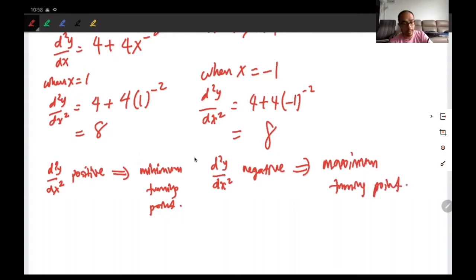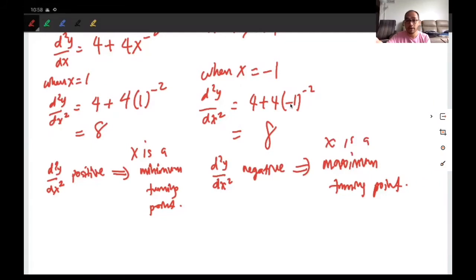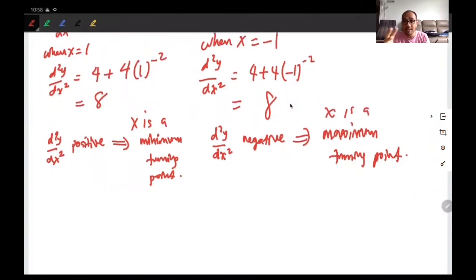And since in both of these cases d2y/dx2 is a positive number, honestly, it doesn't make sense, but okay, fine. So since it is both positive, we can say that x equals 1 and x equals negative 1 are both minimum turning points.